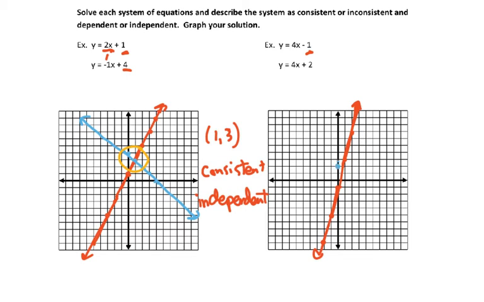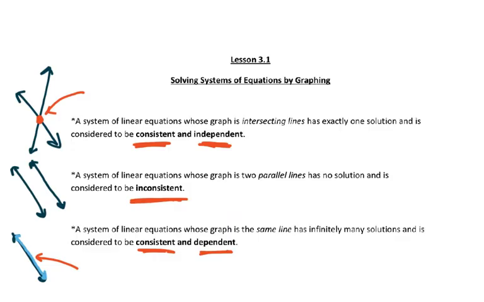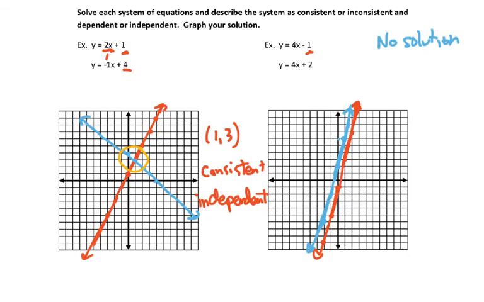And then up 4, right 1, up 4, right 1, down 4, left 1, down 4, left 1. And it becomes very clear that these are parallel lines. There is no place they are going to cross. And if there's no place they're going to cross, that means, according to our words from before, this system is inconsistent.